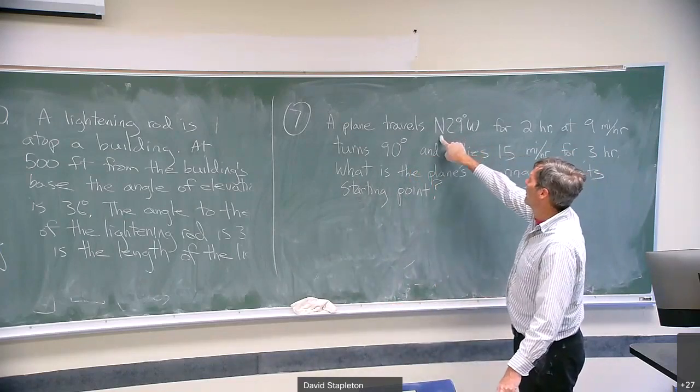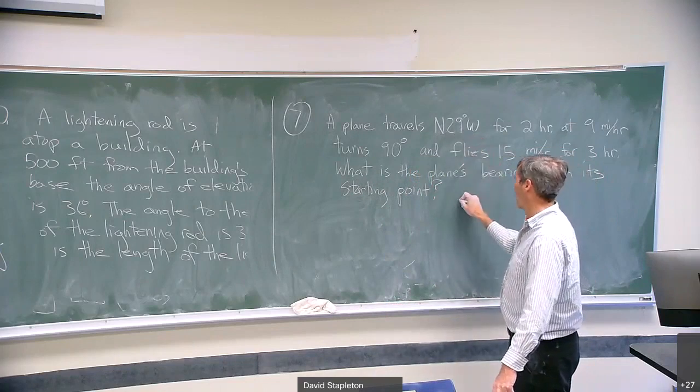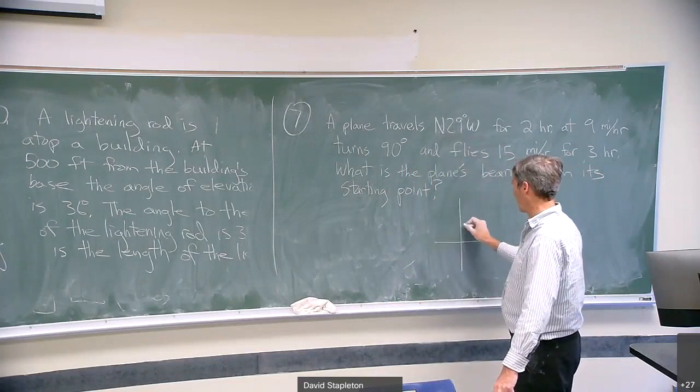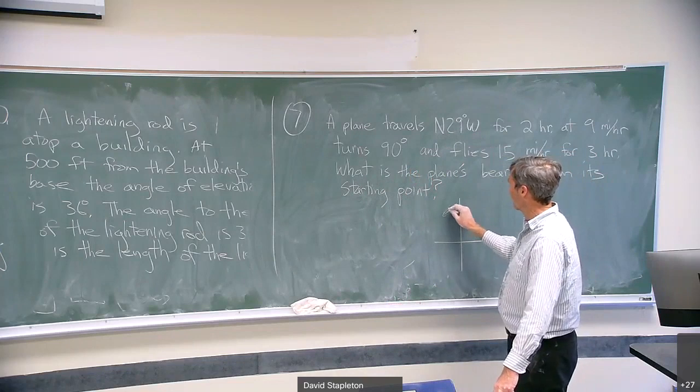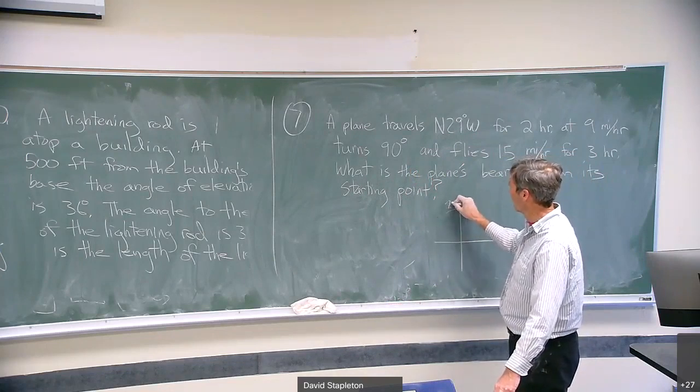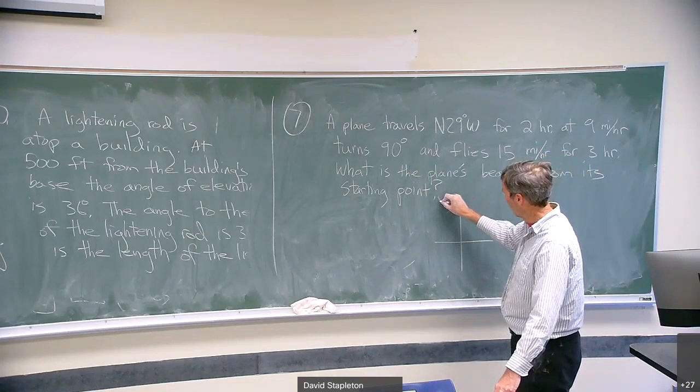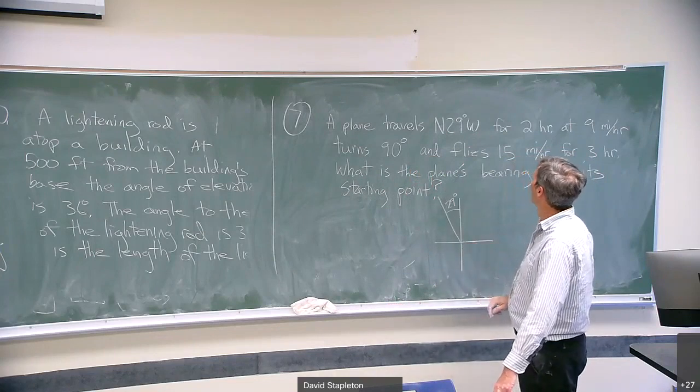This one you just about have to draw a picture. This means from north, go 29 degrees to the west. So you have this kind of a thing in the coordinate system. You turn 29 degrees, about a third of a right angle, right? Like that. And here's the bearing it starts off at. And it travels for 2 hours at 9 miles per hour.